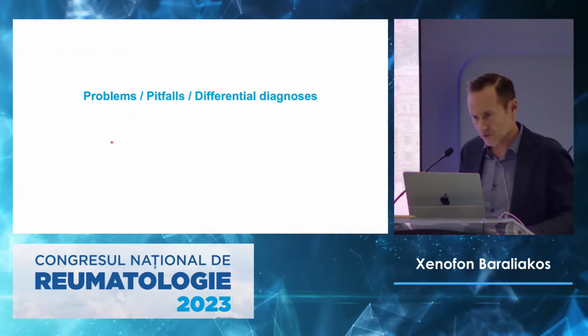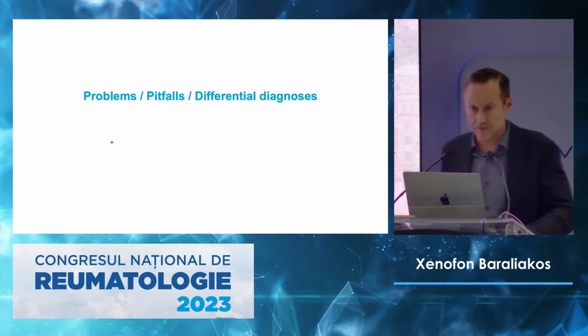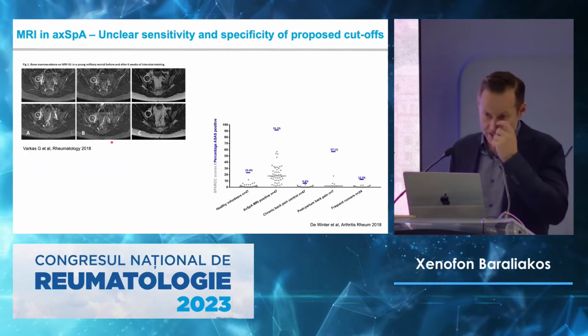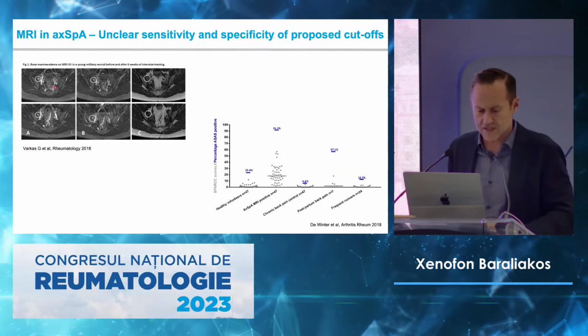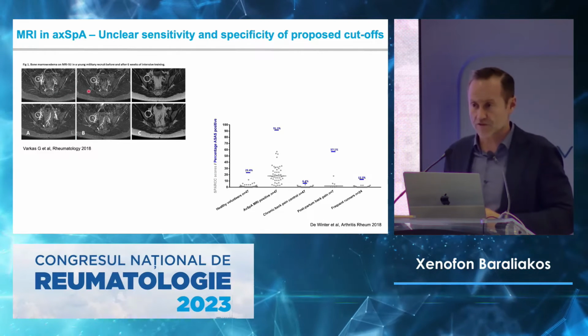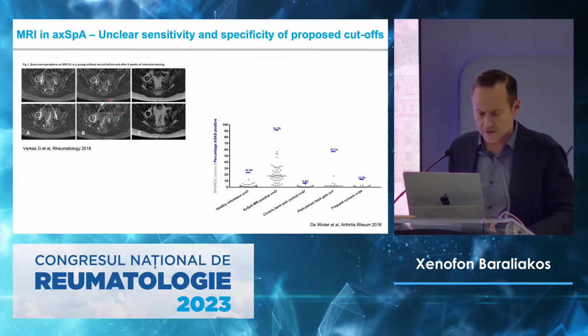Now, once we have the standard, we can go and discuss problems and pitfalls. And this, I believe, was shown before. It's about whether or not you may see false positive lesions in the normal population. This is a Belgian study.